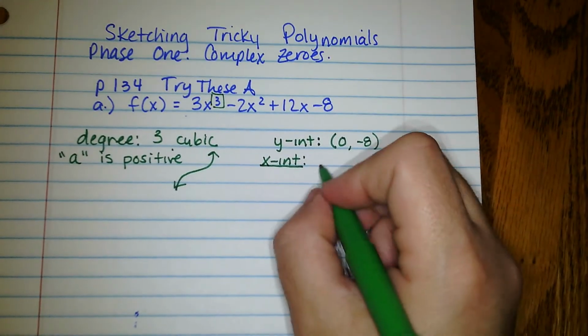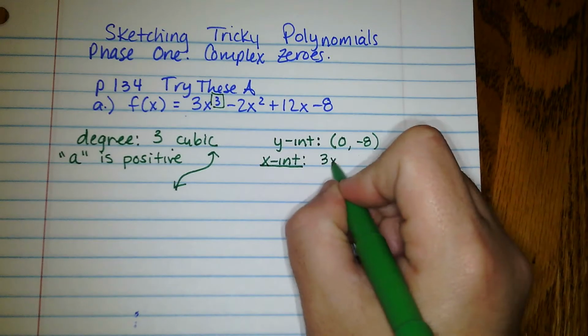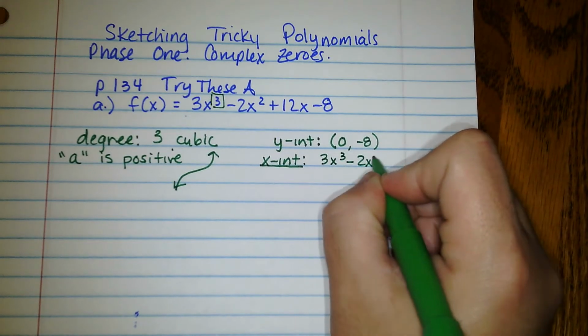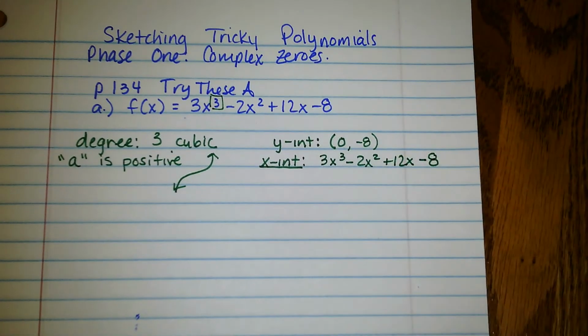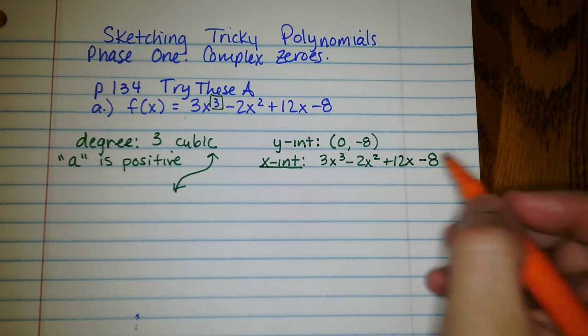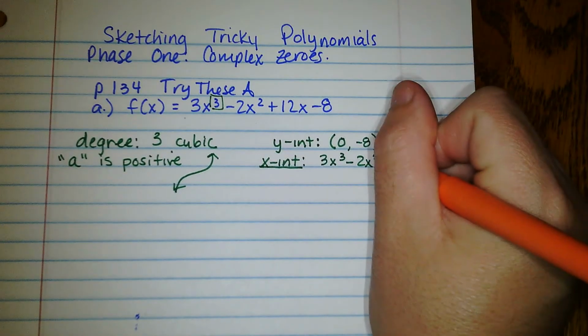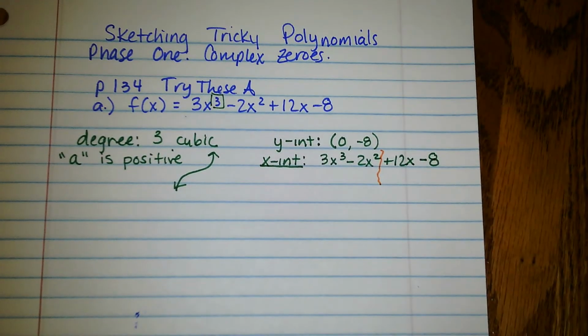So the first thing I'm going to do is write my problem down: 3x to the third minus 2x squared plus 12x minus 8. Then, because I need to do factor by grouping since it's 4 terms, I'm going to cut right down the middle here so that I can GCF the left and GCF the right and then put it back together.